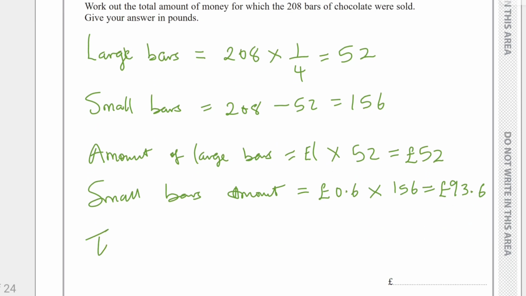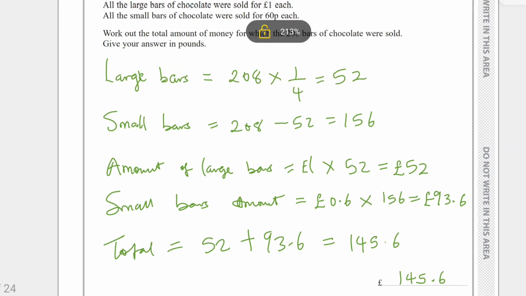So what is the total amount? The total is going to be £52 plus 93.6. That is 145.6. The answer is £145.60.